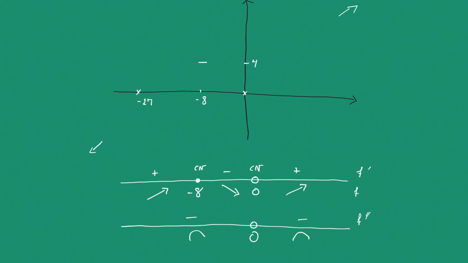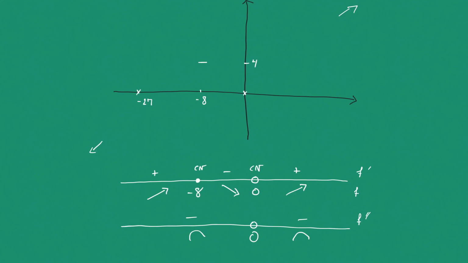And as x tended to infinity, f was going to tend to infinity. And as x tends to -infinity, f of x is going to tend to -infinity. So the only thing that we need to look at now are these two sign diagrams for f prime and f prime prime, and put this last bit of information onto our graph.